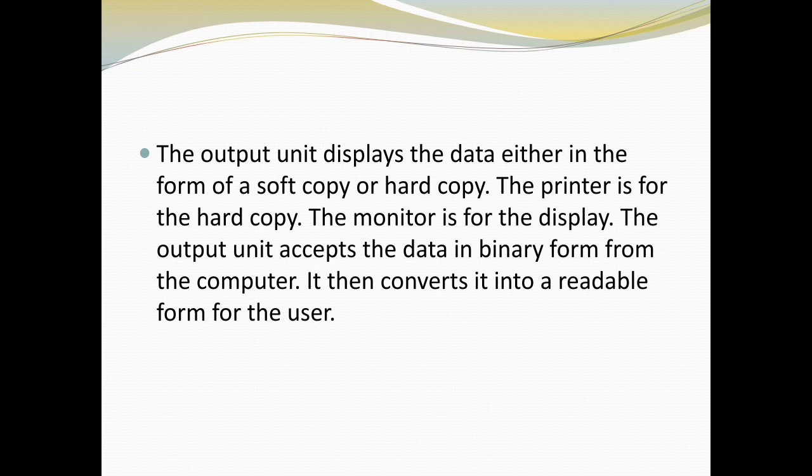So the input unit takes the input from the user and converts it into machine readable form, and the output unit takes the machine readable data and converts it to user understandable data. I hope it is clear.